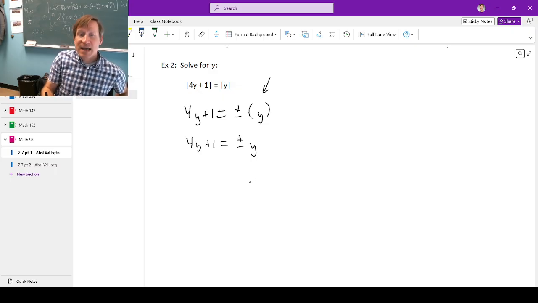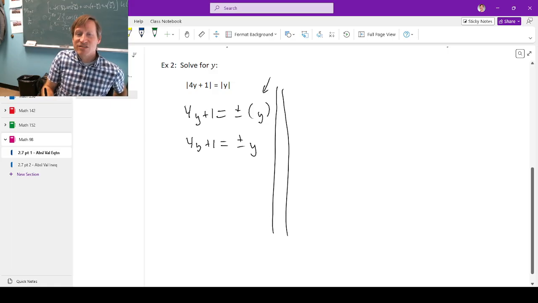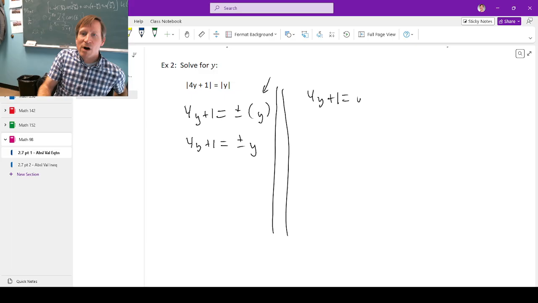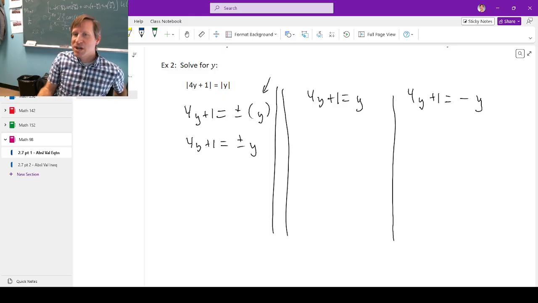As usual, this is an abbreviation for two different equations. So let's write out those two equations and solve them separately. The first equation is 4y plus 1 equals y, which is to say plus y. And the other equation is 4y plus 1 equals negative y. Then we can solve each of those equations.